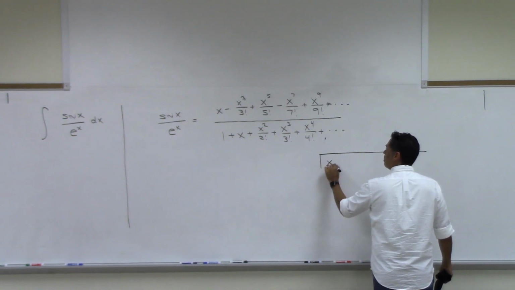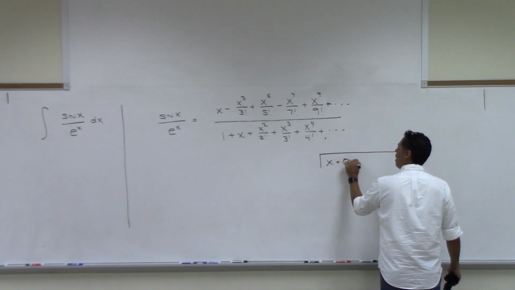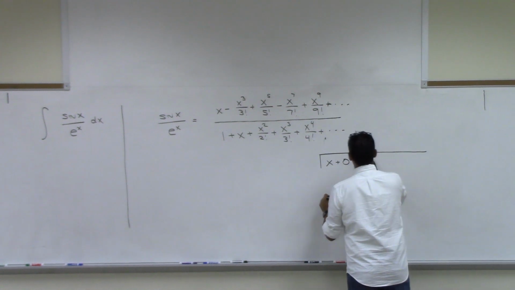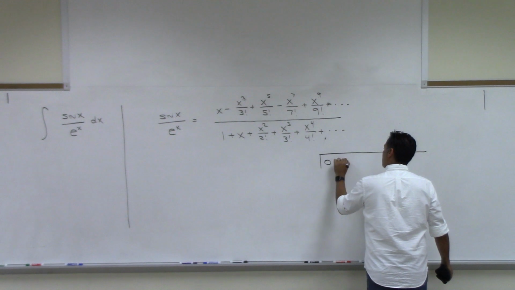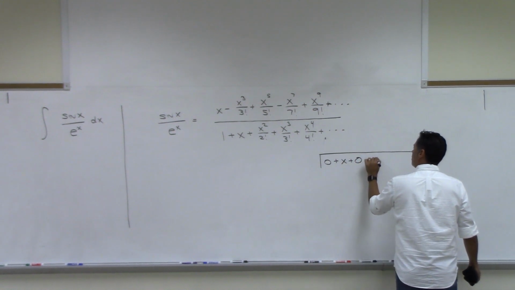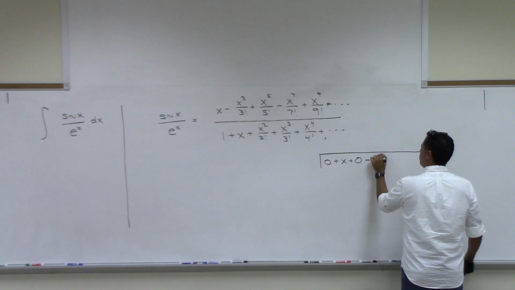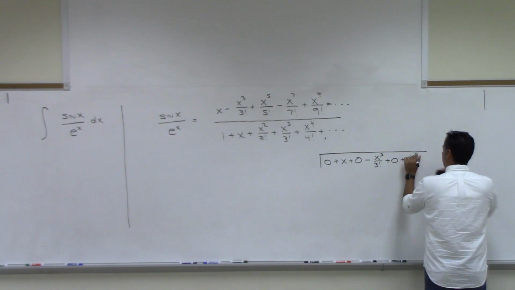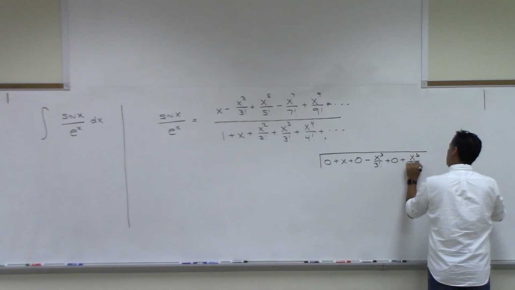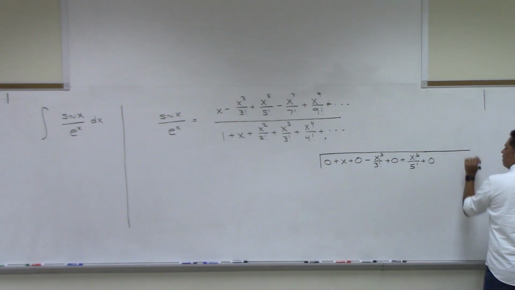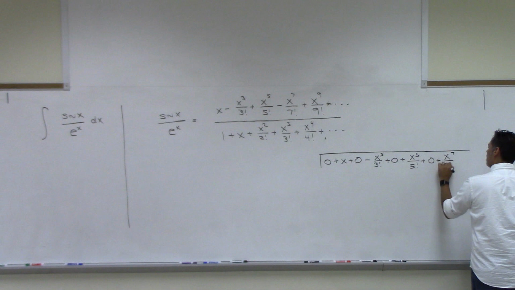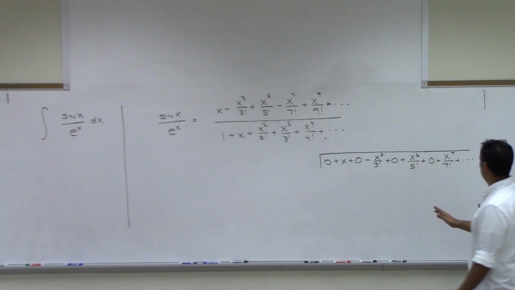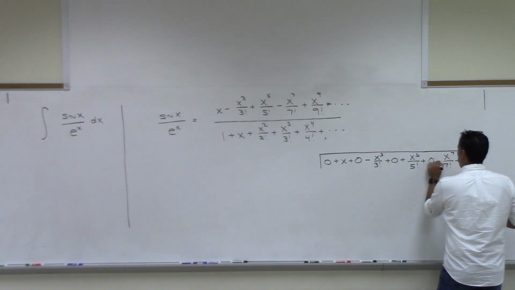Watch the way I do this. 0 plus x plus 0 minus x cubed over 3 factorial plus 0 plus x to the 5th over 5 factorial plus 0, I'll do one more, minus x to the 7th over 7 factorial plus dot, dot, dot, right? So I put zeros in there, right?